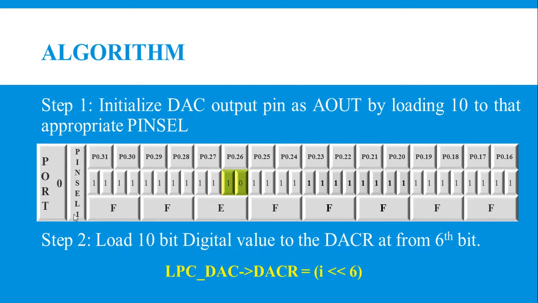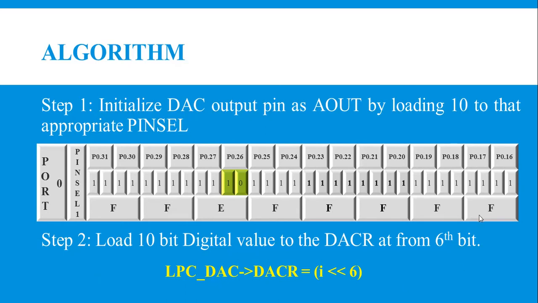With the help of the pin selection 1 register, you have to change the functionality of the 26th pin as AOUT pin. Since AOUT corresponds to the second alternative function, the value to be forced in the 21st and 20th positions is 1 0 respectively, and the corresponding hexadecimal value becomes FFEFFFFF.